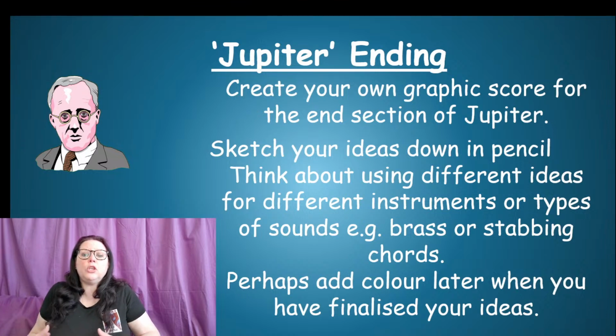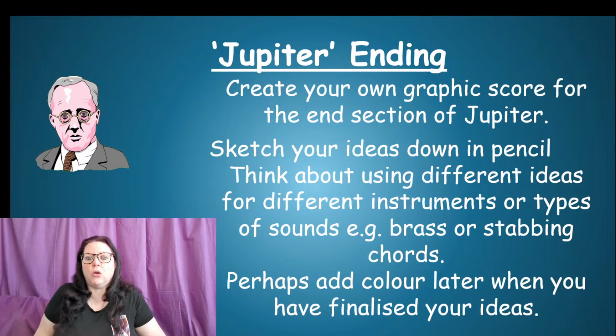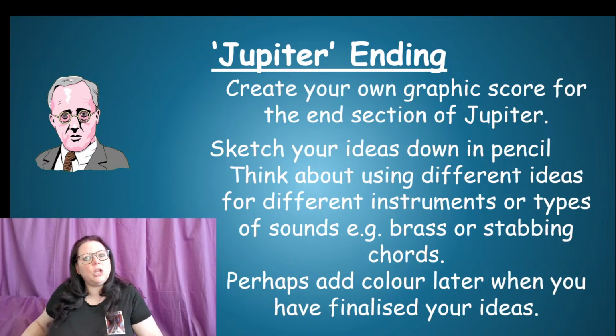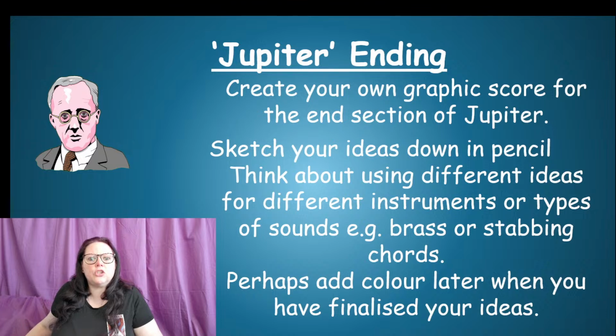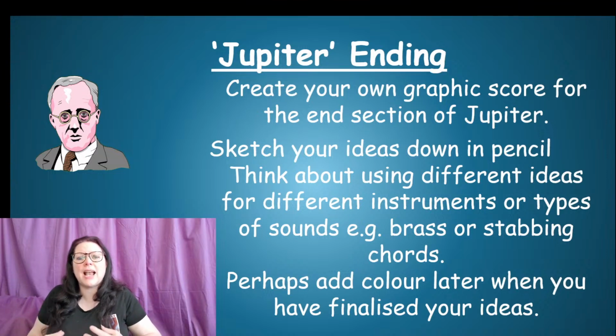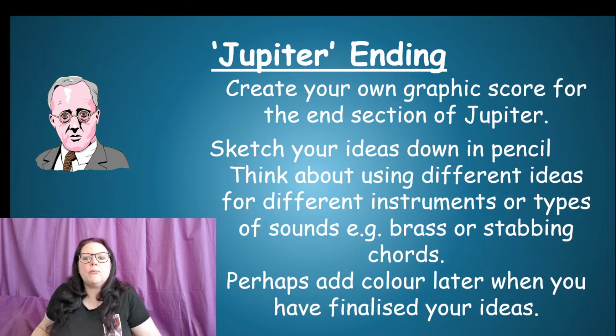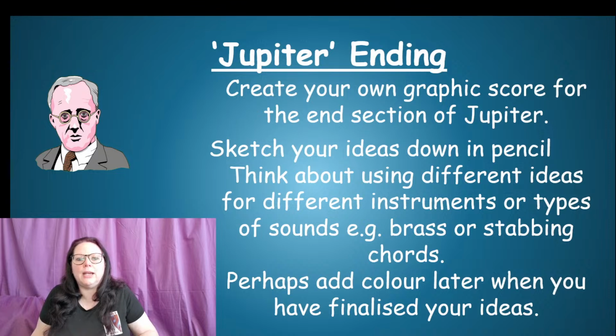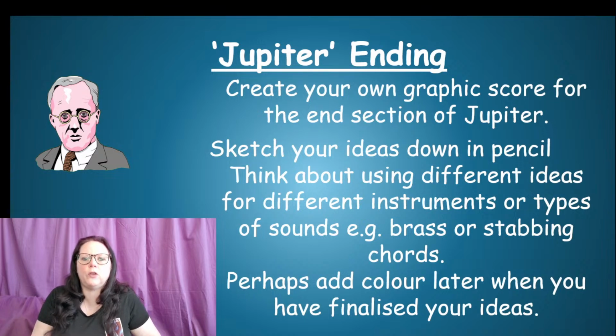And what you could do is then go back to this later on and perhaps add in some colours. So I used the yellow for the stars, I used the blue for the brass, I'd got like a golden colour for the cymbals crashing. It just added that little bit of colour. The percussion was in red because I thought it sounded a little bit angry maybe, but it's your interpretation, but draw it in pencil first.